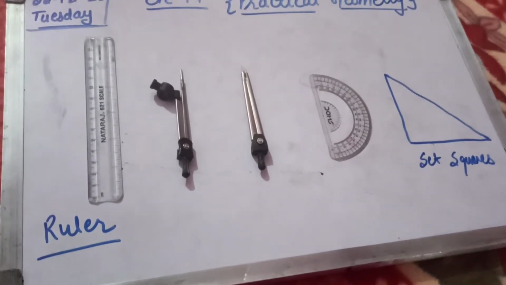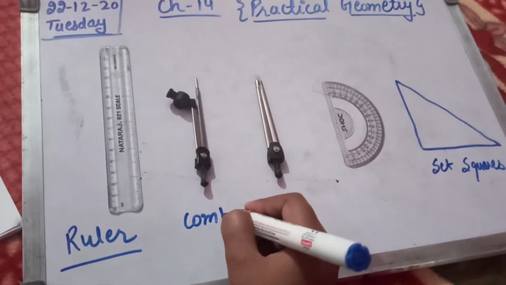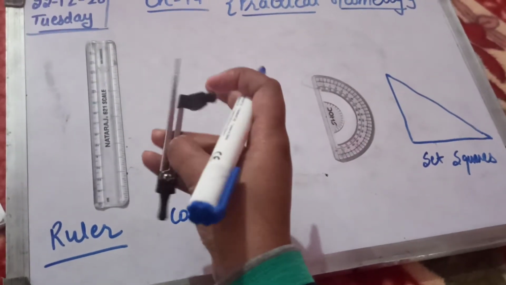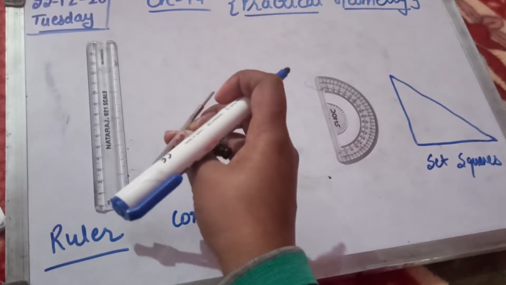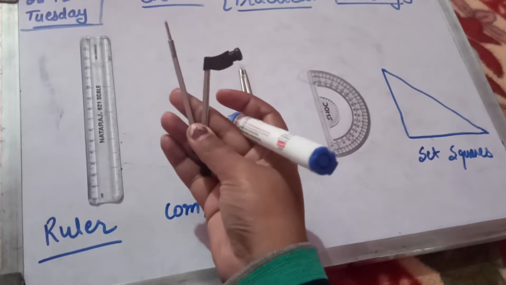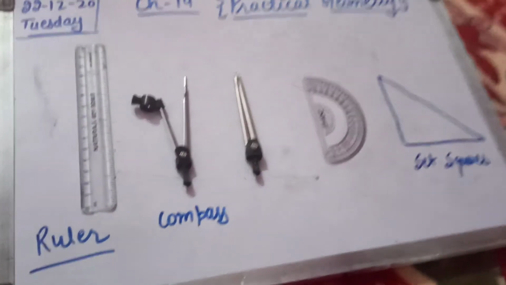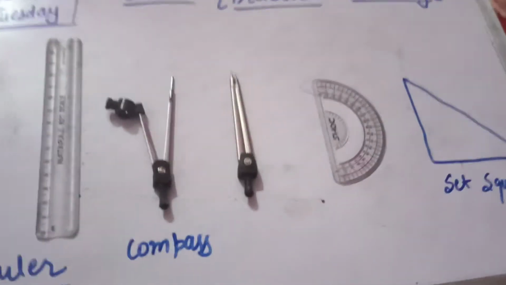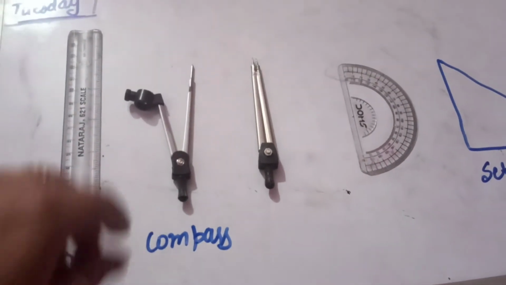Now, the second one, this is the compass. Everyone knows it has one sharp tip and the second one holds the pencil, like this. Now, description about this. If anyone asks what is a compass, a compass has 2 movable legs hinged at a point.